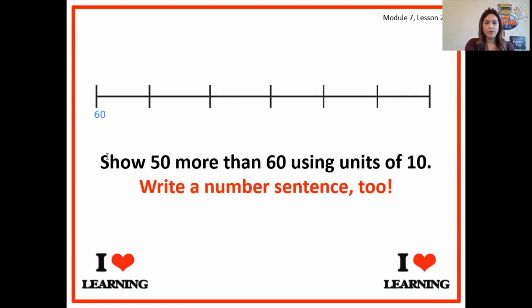There's my starting point. I put 60, and now I have to show 50 more, and I have to count by what? By 10. So let's do the same thing up here. I know that my imaginary starting point is 0, and I have to count by 10s to get to what? 50. Very good. So let's count by 10s, and let's stop at 50.